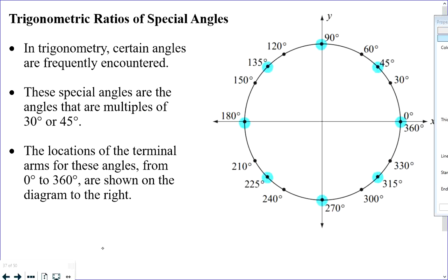So to begin with, you need to visually be able to locate these angles. And I would ask you to really give some careful thought here to the spacing of those dots. Specifically, I want you to notice that this arc length here is twice this arc length.